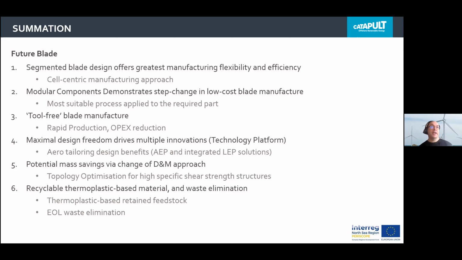Thirdly, and an underpinning tenet, is the tool-free blade manufacture possibilities. Fourthly, the design freedom drives multiple innovations across the blade. Fifthly, the potential for mass savings, and finally, the importance of recyclable thermoplastic material and waste elimination. So that's a very rapid overview of where we see the future for blade manufacture using AM.